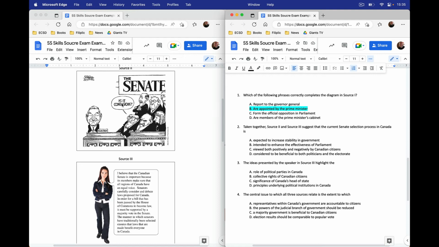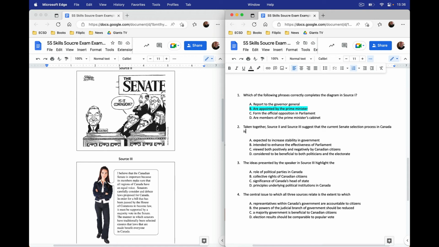It's not talking anything here about stability, so probably not A. B, intended to enhance the effectiveness of Parliament. Possibly. Here we do have source 3 talking about the House of Commons, but not necessarily with this cartoon. So B, let's put it to the side.